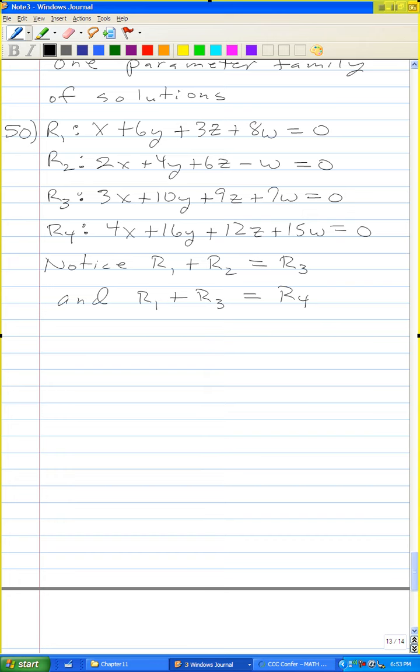Meaning that 2R1 plus R2 is equal to R4. So you can see that R3 and R4 can be eliminated. So 2R1 plus R2 is R4.